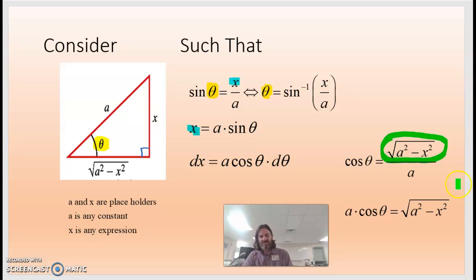Usually that's where we see the power in a trig substitution. We haven't seen a problem yet, but you'll see it in a moment. So if I wanted to get that by itself, I could multiply both sides by a, and then my square root function here would be equal to a times cosine theta. So that's just a lot of generic information, but in this particular problem you'll see how it's going to be useful. So let's see the problem.